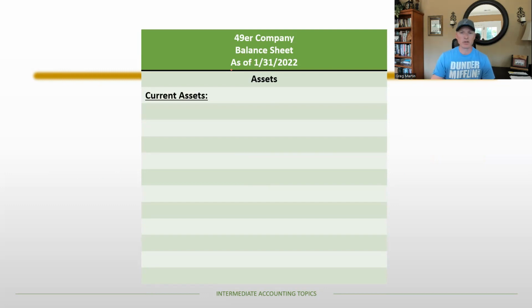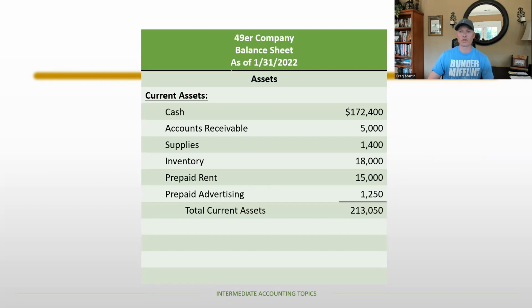The first thing we're going to list is our assets. The first assets that we list are our current assets, and of course, we're taking all these balances from the adjusted trial balance. As you remember, we list our current assets in order of liquidity. We talked about cash and receivables being the first two. Short-term investments sometimes might go in between the two, but in this case, we didn't have any short-term investments.